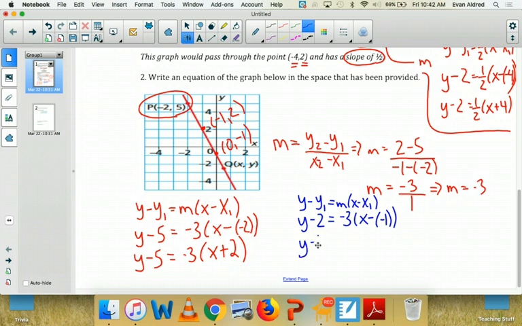When we simplify it, we get y minus 2 equals negative 3x plus 1. Different numbers, but that's an equation for the same line. Both of those are perfectly fine. So the point is, it does not matter which point you choose on the line. There are multiple correct answers. There are multiple ways to express the equation of a line in point-slope form.